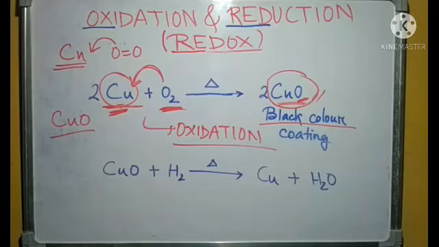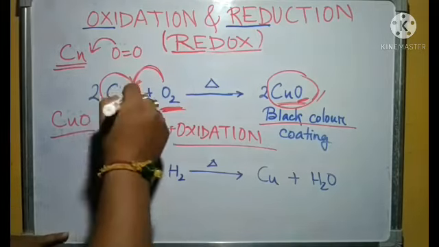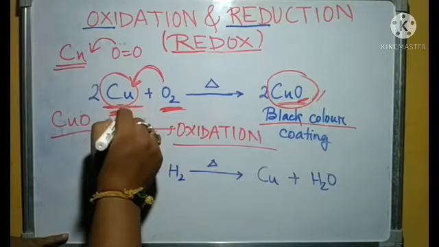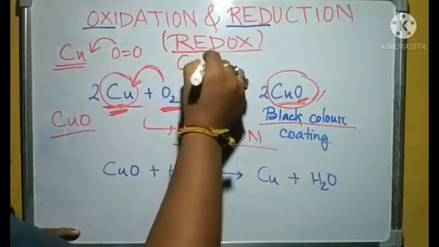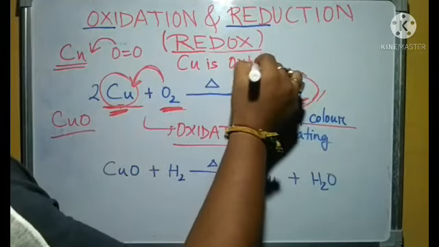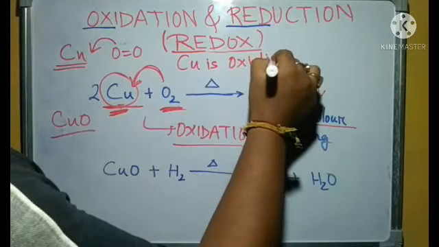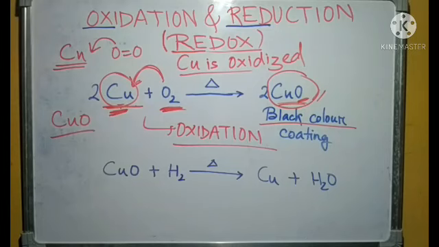Since copper is getting an extra oxygen atom to form copper oxide, we say this is an oxidation reaction, and we say that copper is oxidized. What is oxidized? Copper, Cu, is oxidized, because copper is getting the extra oxygen atom.